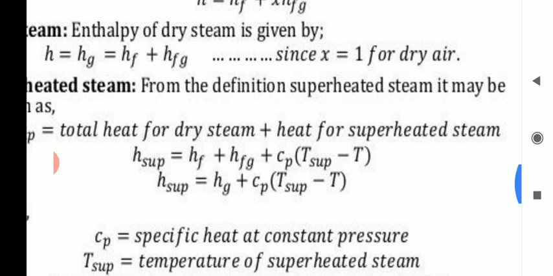Actually that should be Ts, the saturation temperature: T superheat minus T saturation.